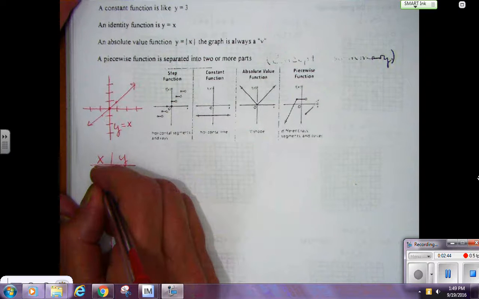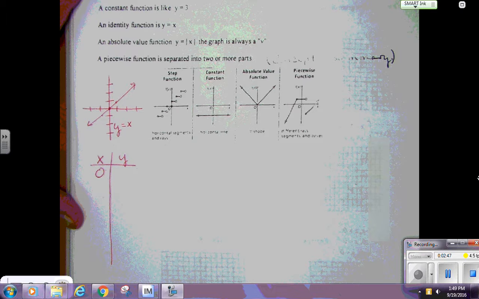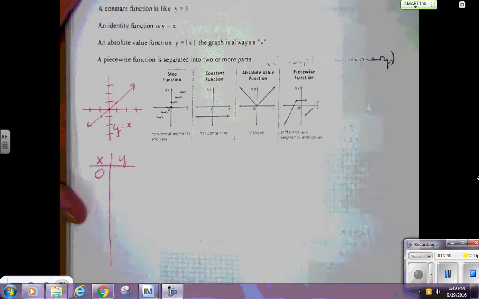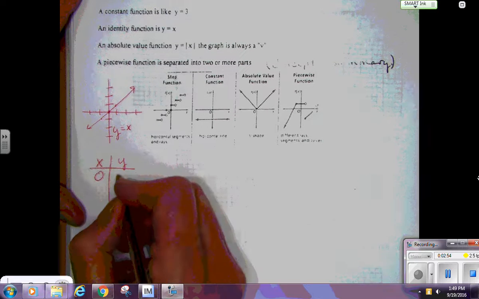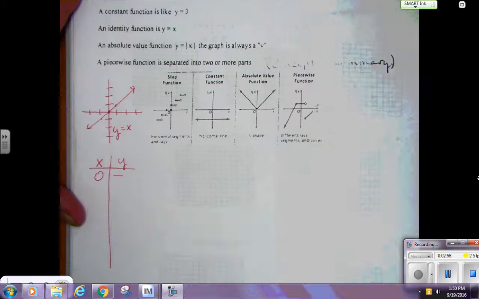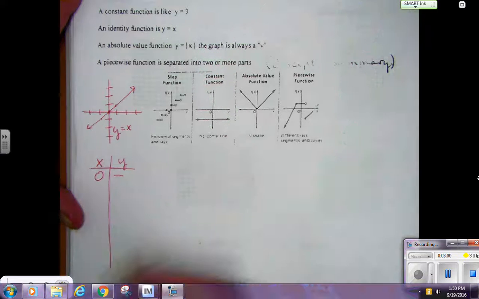When the weight is actually 0 ounces, you don't have anything that you're mailing, so we're going to say that there is no cost when you have 0 ounces. But anything over 0 is going to be 34 cents.